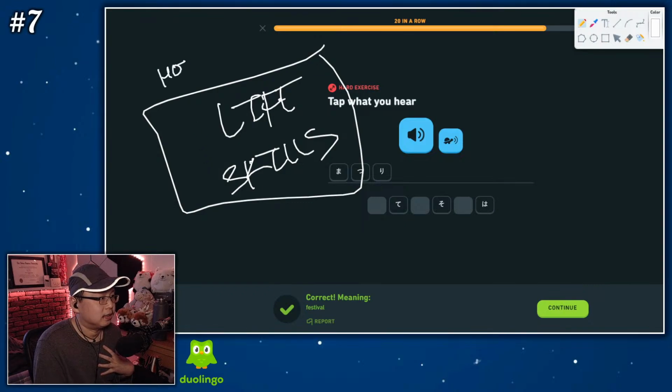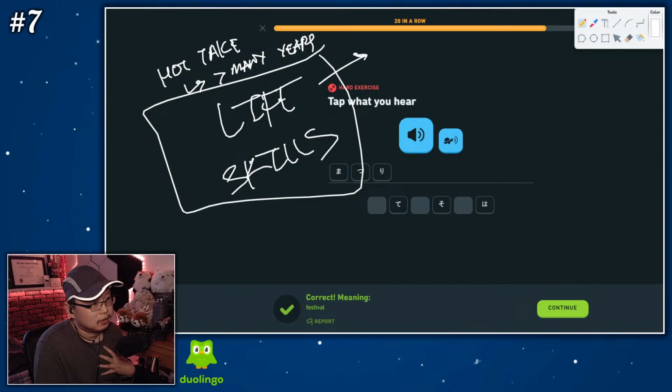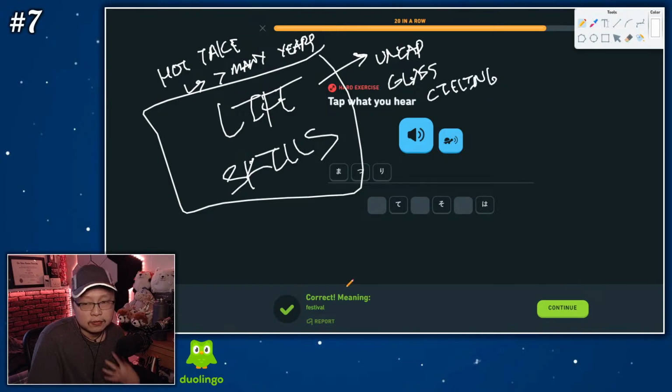Obviously, this is a hot take. And this also takes many years. It may be forever. But this is uncapped. There's no glass ceiling for these things. So each day you ask yourself, how do I get more motivation to do the things that make me happy, right?